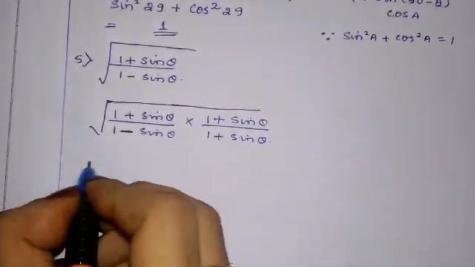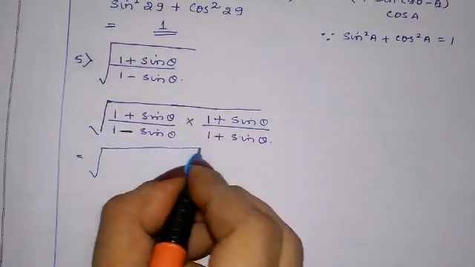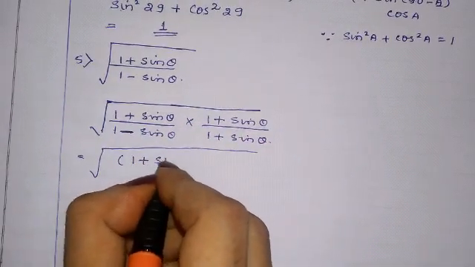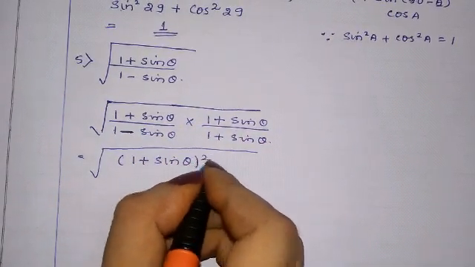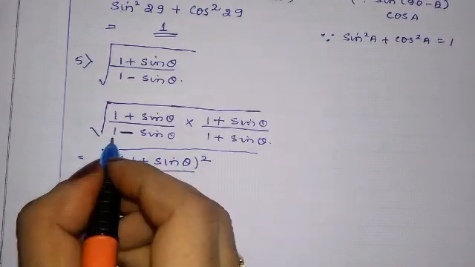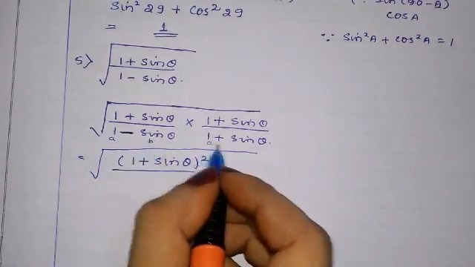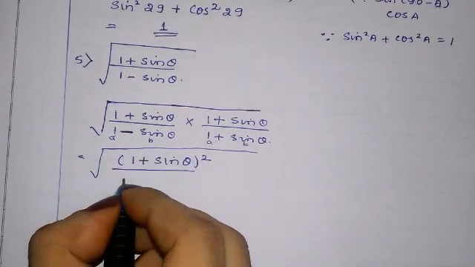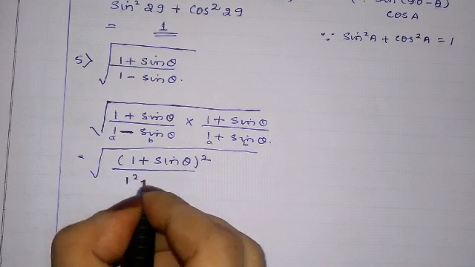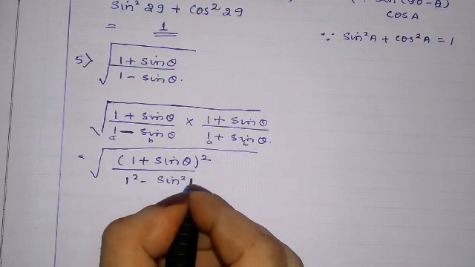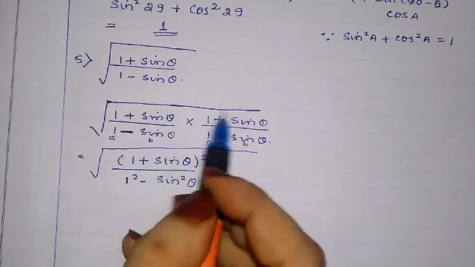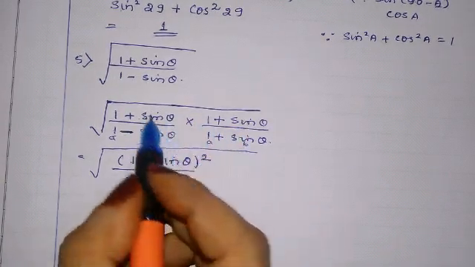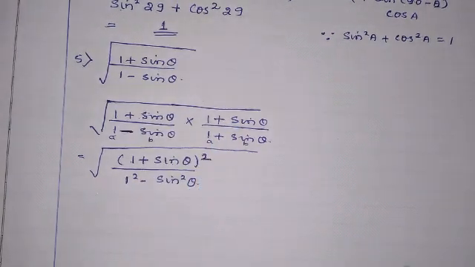Next step, we will multiply: in the numerator 1 plus sine theta, 1 plus sine theta, which is 1 plus sine theta whole square, because 2 times, so square.